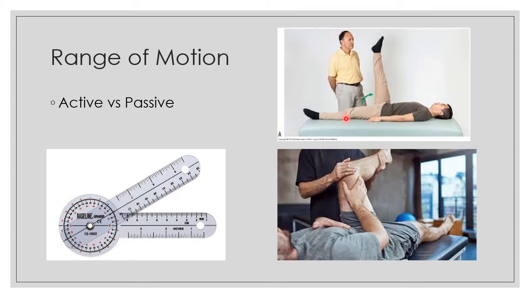Sorry, this is passive. Passively, you're the one moving the limb of the patient. So this is active range of motion, which means the patient is doing it himself or herself. Then passive is the one where you try to extend the range and check for the end feel.